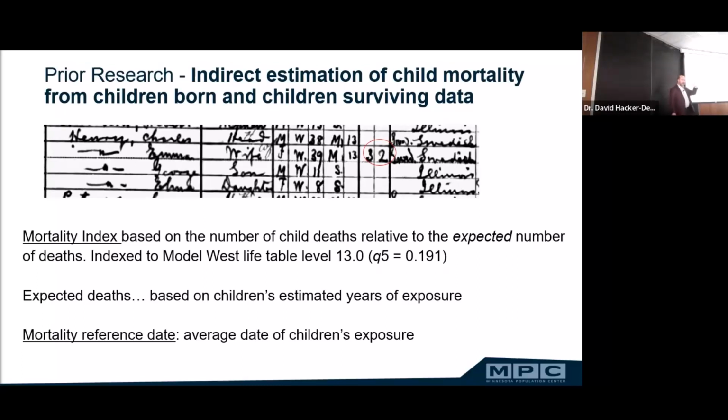It's a simple 1, indexed at 1 at some standard life table value: the number of child deaths experienced by the woman relative to an expected number. This is indexed at Model West level 13, which has the Q5, the proportion of children dying before age 5, at about 19%. So that is the standard, yeah.